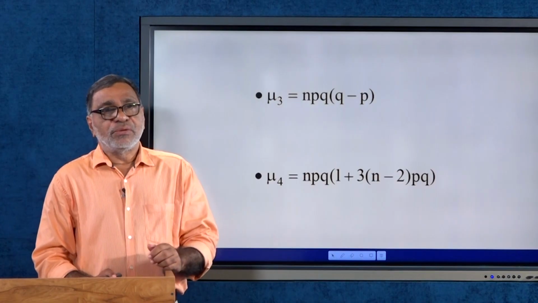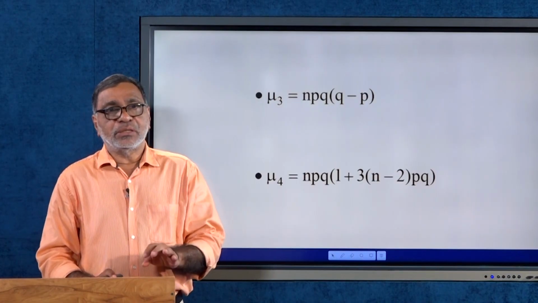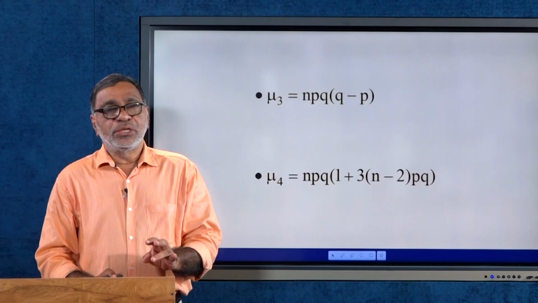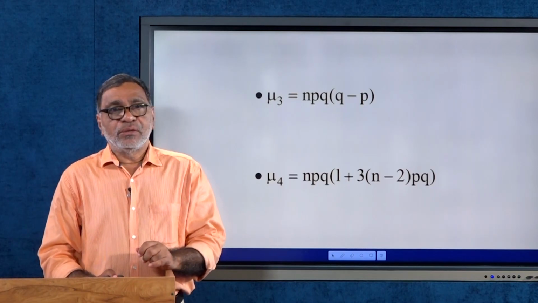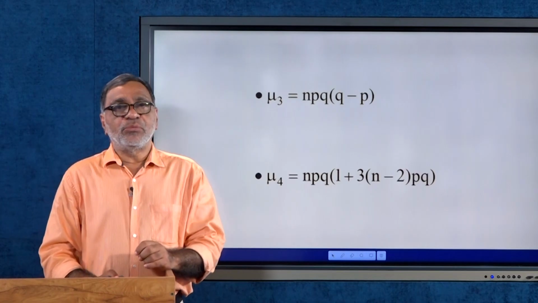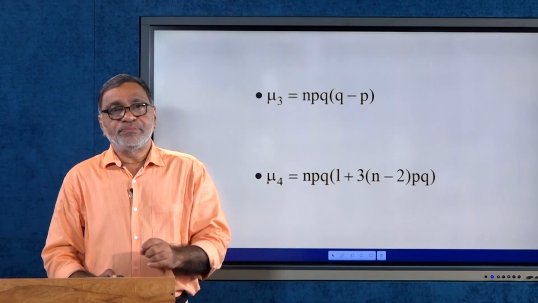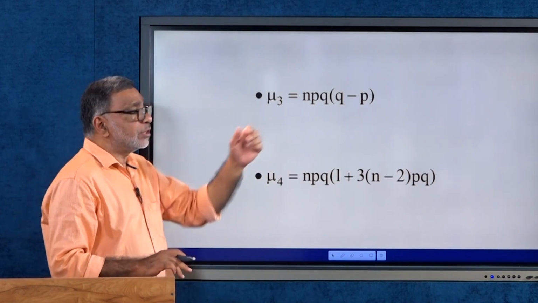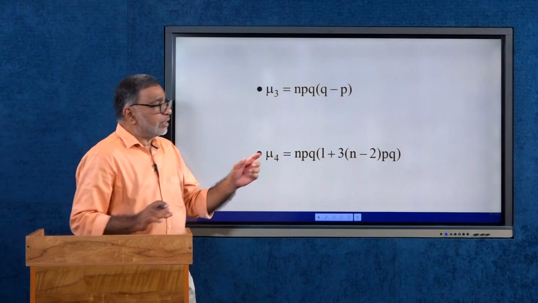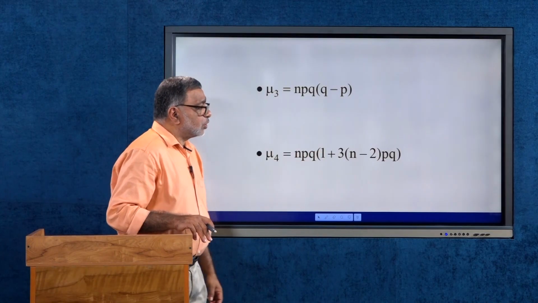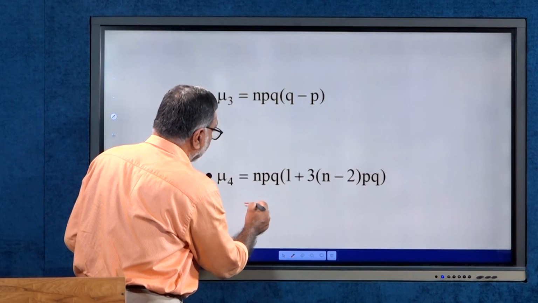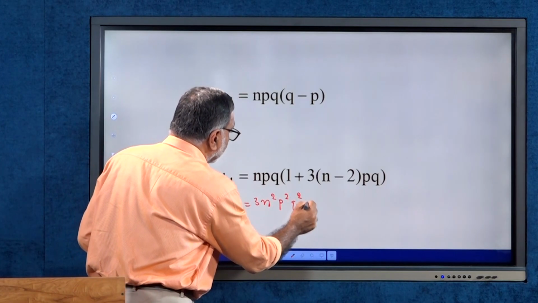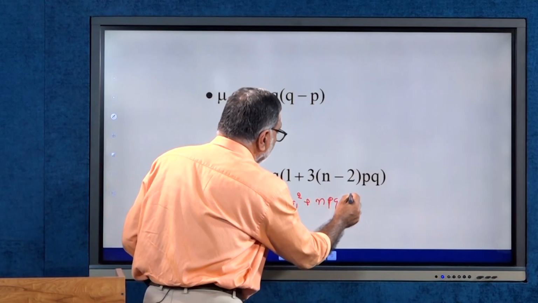So, for a binomial distribution, after getting the first 4 arbitrary moments, that is expectation of x square, expectation of x cubed, and expectation of x power 4, using the relationship between arbitrary moments and central moments, we can find mu 2 as already calculated variance, mu 3 as npq into q minus p, and mu 4 as npq into 1 plus 3 n minus 2 pq, or we can write this expression as 3 n square p square q square plus npq into 1 minus 6 pq.